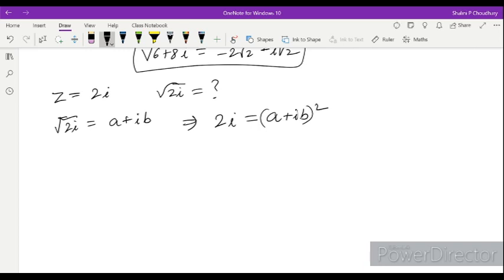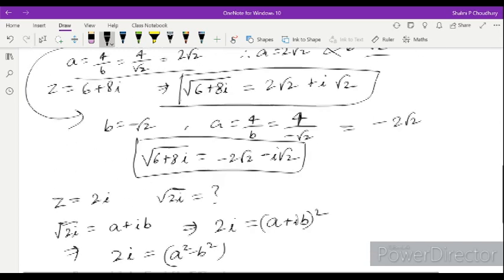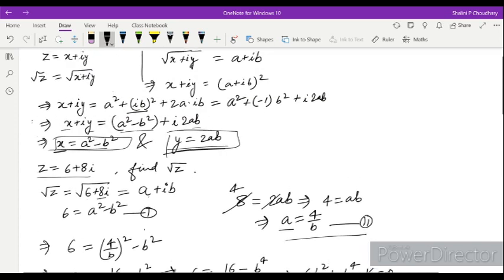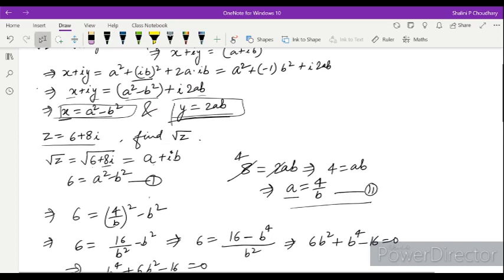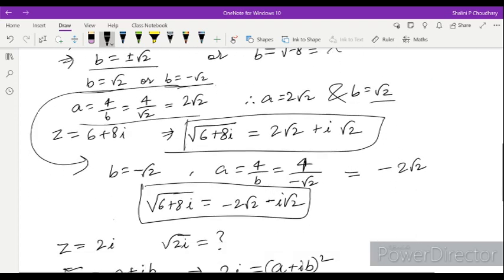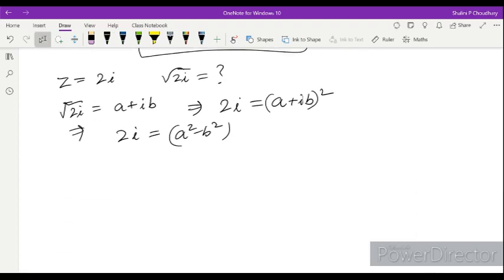Now again we'll use the formula. 2i will be equal to the square of a plus ib, which when written in terms gives a square minus b square, see the formula here, a square minus b square, and for the imaginary part, that is equal to 2ab, right? So 2i will be equal to plus i 2ab.